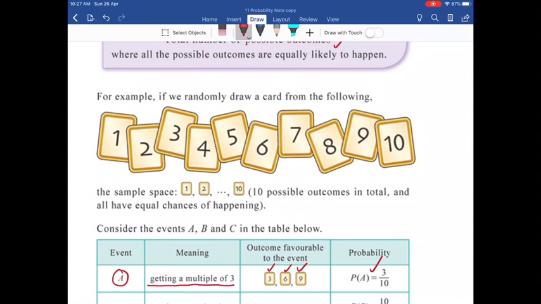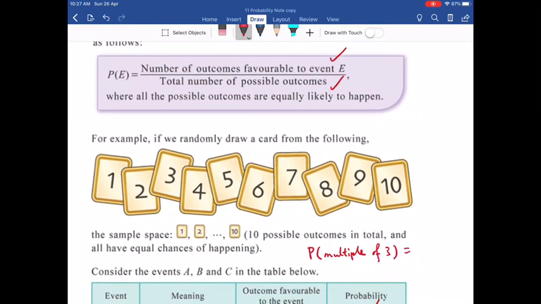The number of favorable outcomes is 3, which are 3, 6, and 9, and the number of possible outcomes is 1 to 10, that is 10.